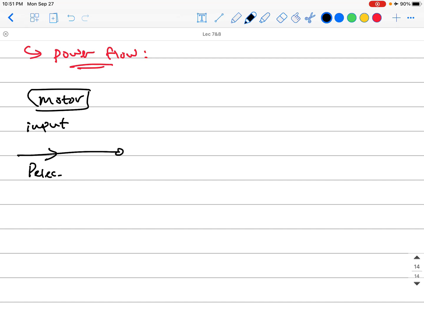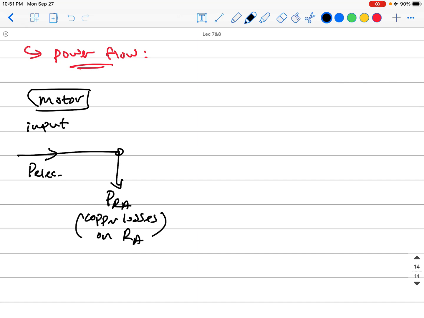When entering this you will lose some of this power as I squared R over the resistance of the armature. This is copper losses on the armature resistance RA. You know this from electric circuits.